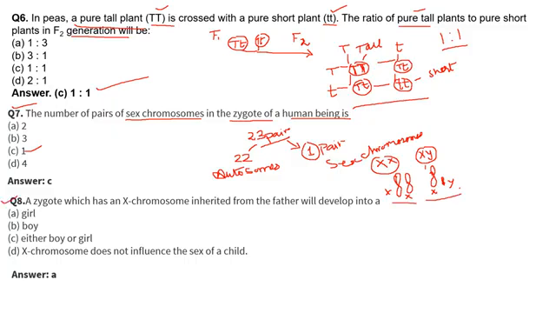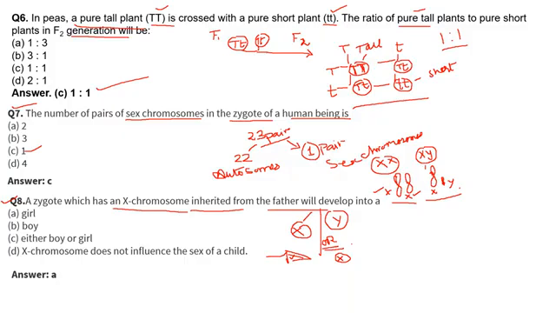Question number 8, a zygote which has an X chromosome inherited from the father will develop into. So we know that in the sperm of the father there can be either an X chromosome or a Y chromosome. So if the father's sperm has an X chromosome, the ova will definitely have X, because in a female the two chromosomes, as you can see here, are X and X, there is no Y chromosome in a female.